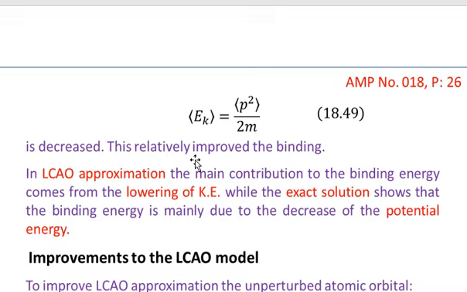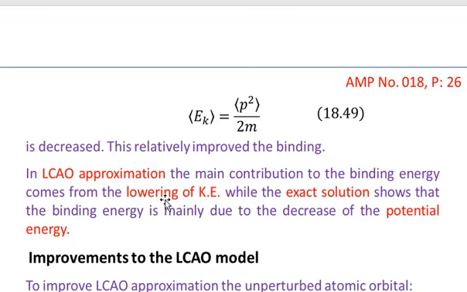So you see that here we have established that the lowering of kinetic energy improves the binding energy under the LCAO approximation. But we have also noticed that under the exact solution, the binding energy is mainly due to the decrease of potential energy.